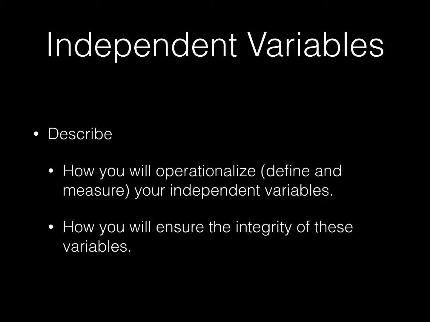The next section, which the APA manual doesn't suggest to put in the methods section, is the independent variables, but Cozby and Forster did, and they said to describe two things: how you will operationalize or define and measure your independent variables, and how you will ensure the integrity of these variables.